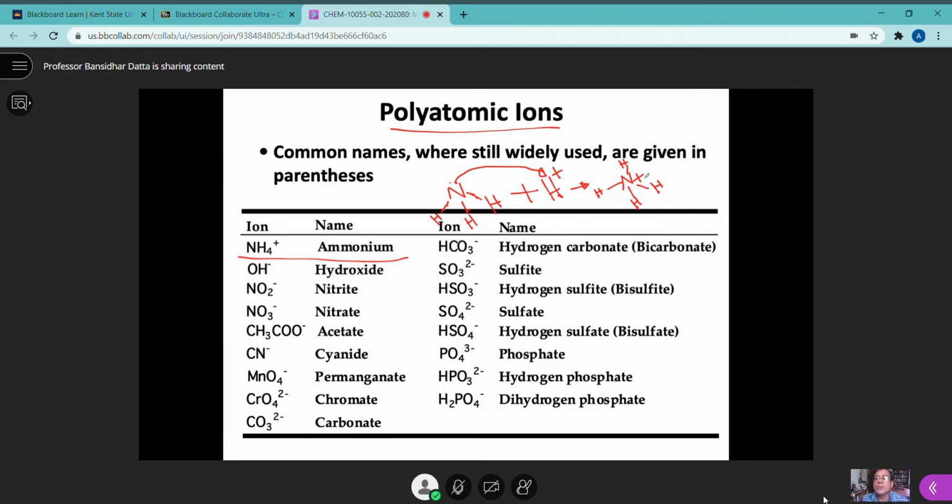So the nitrogen will become positively charged, and that is our NH4 plus, ammonium ion. That is the only polyatomic cation, by the way. So you must remember that, right?